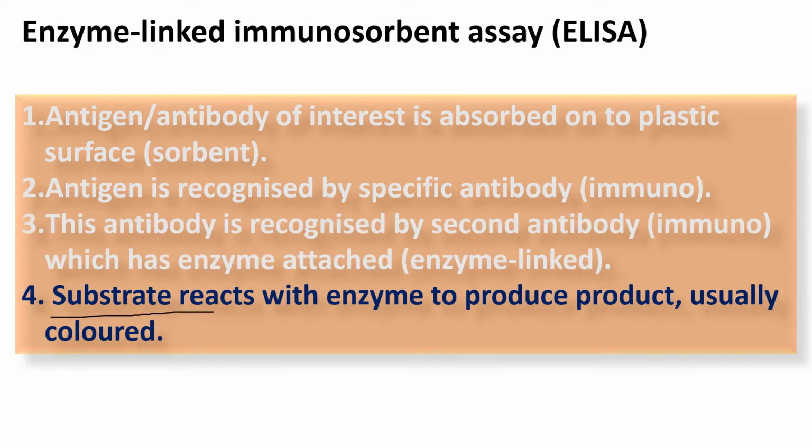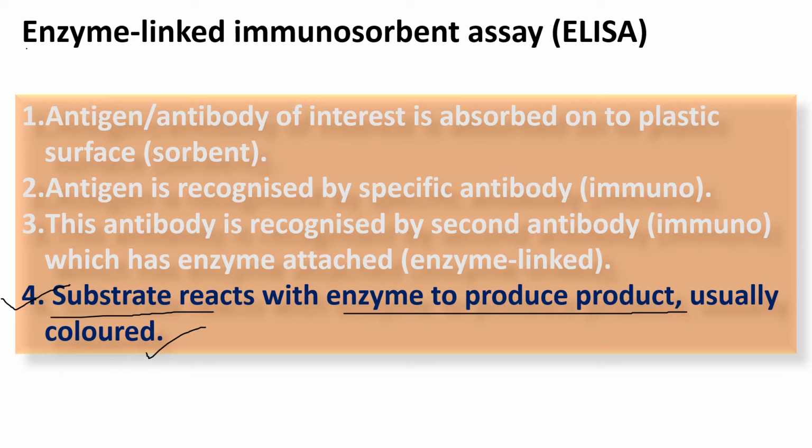And here we are using a substrate which is a colorless compound, and that substrate reacts with the enzyme to produce a colorful compound. So the substrate is initially colorless, but by the action of enzyme on the substrate, it produces a product.